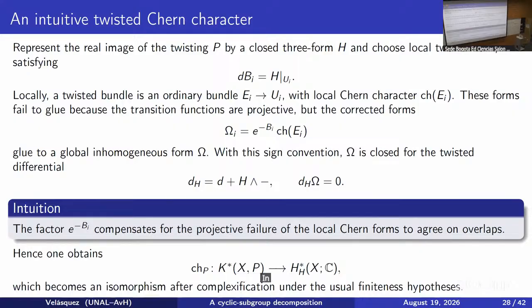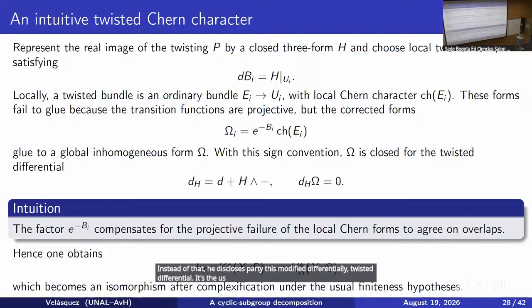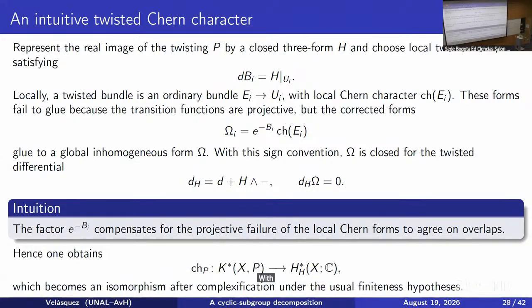The problem is that this omega is not closed under the usual differential of differential forms. Instead, it is closed with this modified, twisted differential. It's the usual differential of de Rham cohomology, but with a term given by multiplying by H. With this modified differential, the differential of omega is 0. This factor repairs the error.